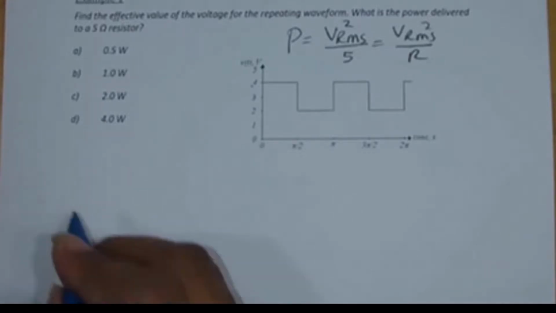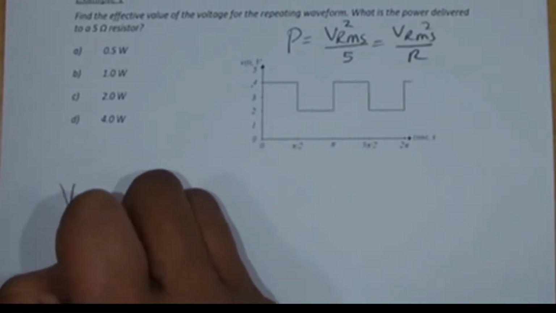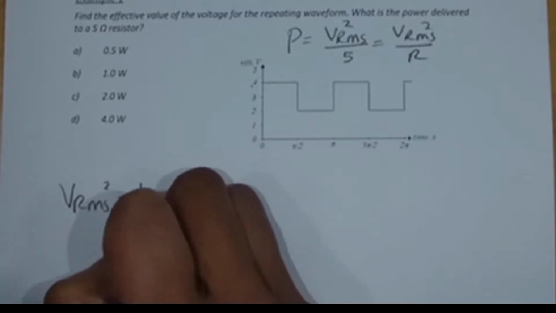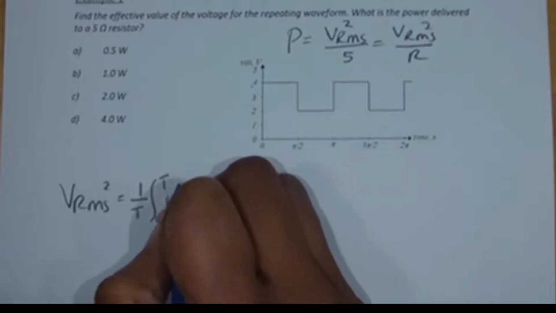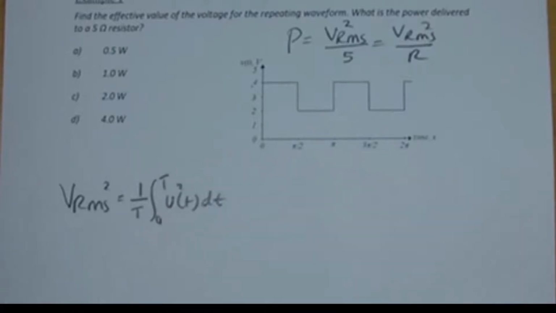So the formula is VRMS squared is equal to 1 over the period, the integral over 1 period, V of t squared dt. The RMS value is 1 over the period, the integral over 1 period, voltage squared, and then take the square root.